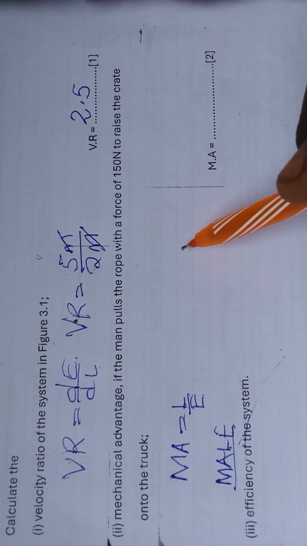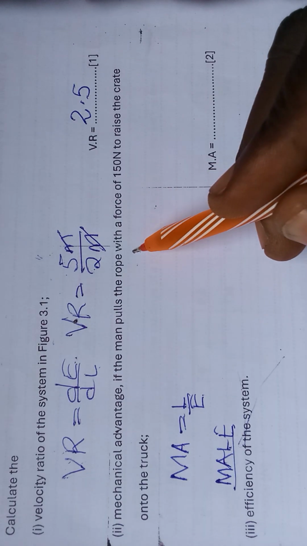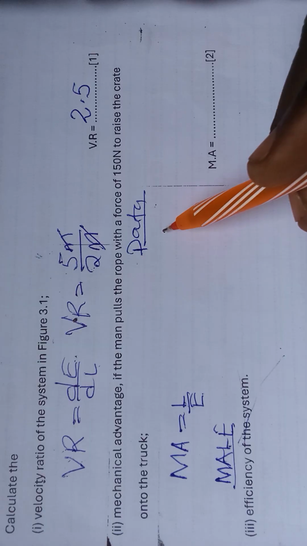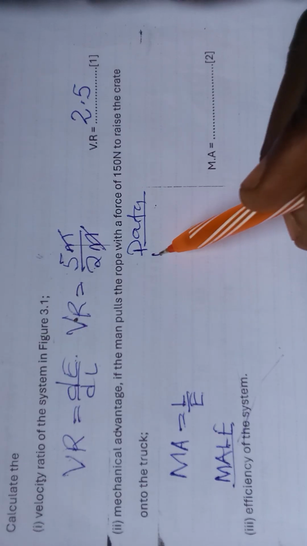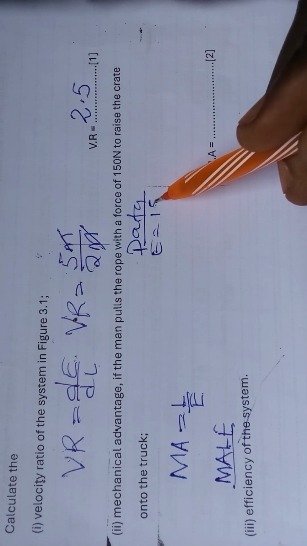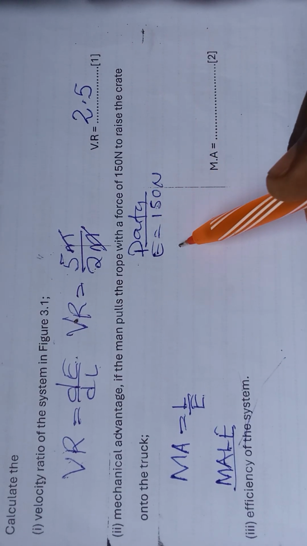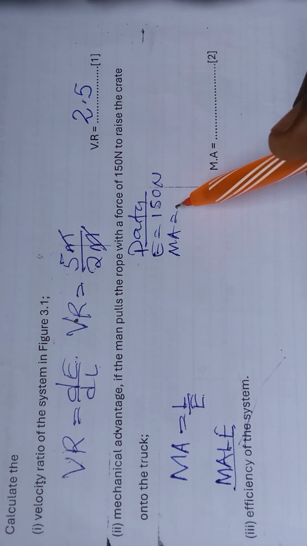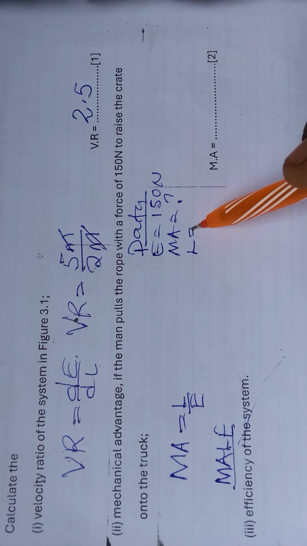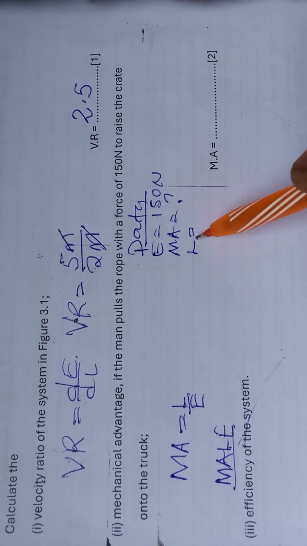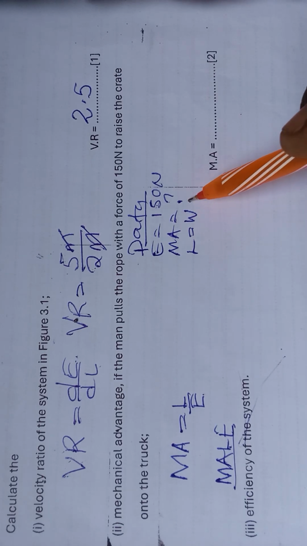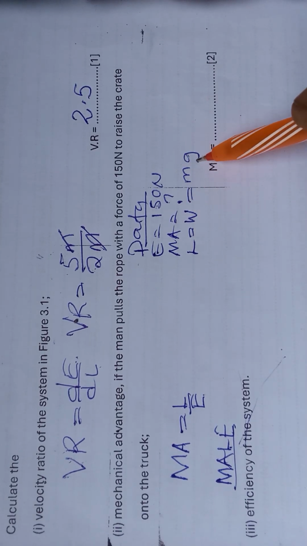Now, let's analyze the data. Effort is the force, which is 150 Newton. Mechanical advantage, we don't have, it's a question mark. Load, we don't have, but we can find it, because load is equal to weight, and weight is equal to mass times gravity.